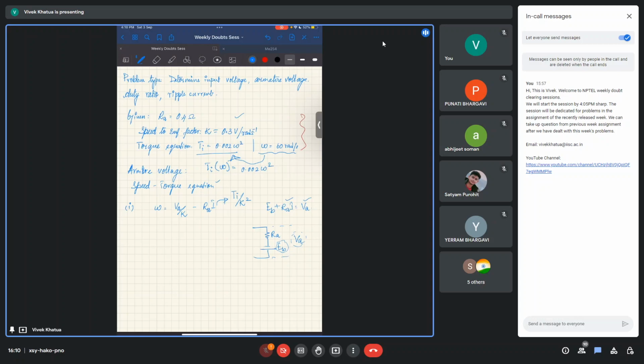From this equation, we know that omega 60 is given, V armature is what we need to calculate, K is given as 0.3, RA is 0.4, and TL is 0.002 omega square, 60 squared, divided by K square, 0.3 times 0.3, 0.09. From this we can find VA.